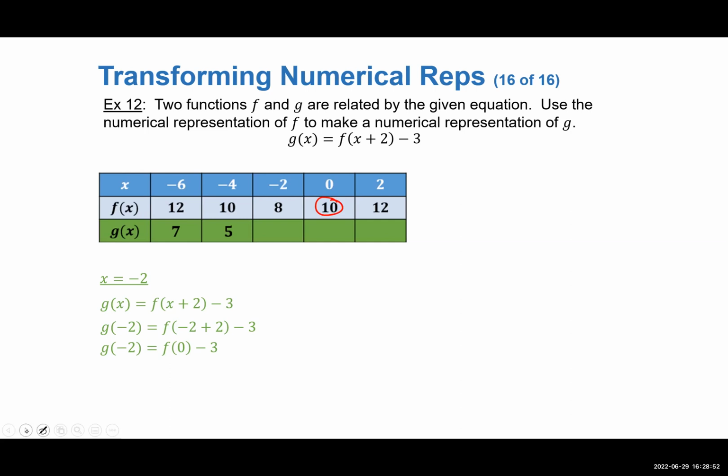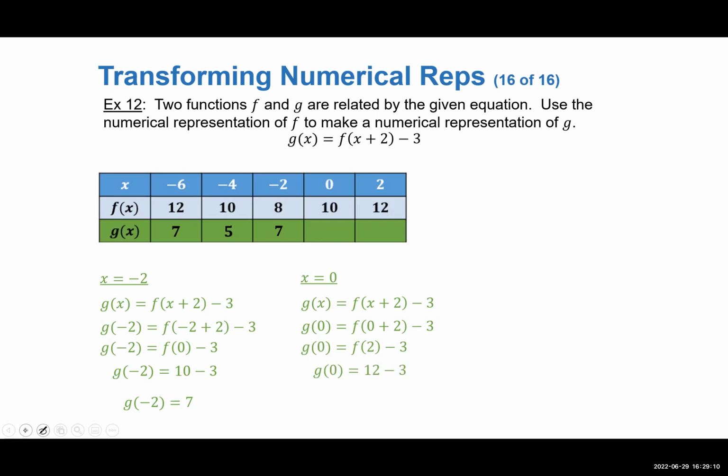And we're going to subtract 3 from it. And that's going to give us 7. Okay. For 0, we plug in 0 for x. 0 plus 2 is 2. What's the function value at 2? It's 12. 12 minus 3 is 9. So our value is 9.